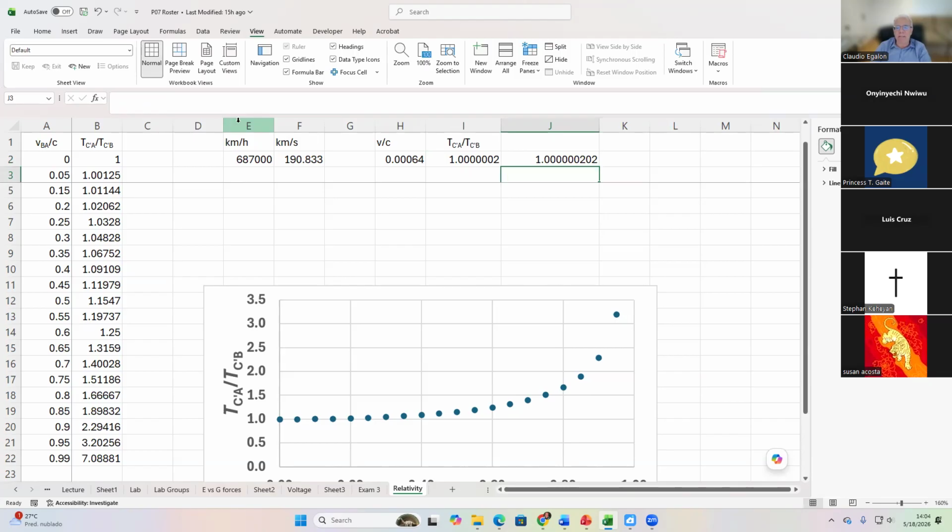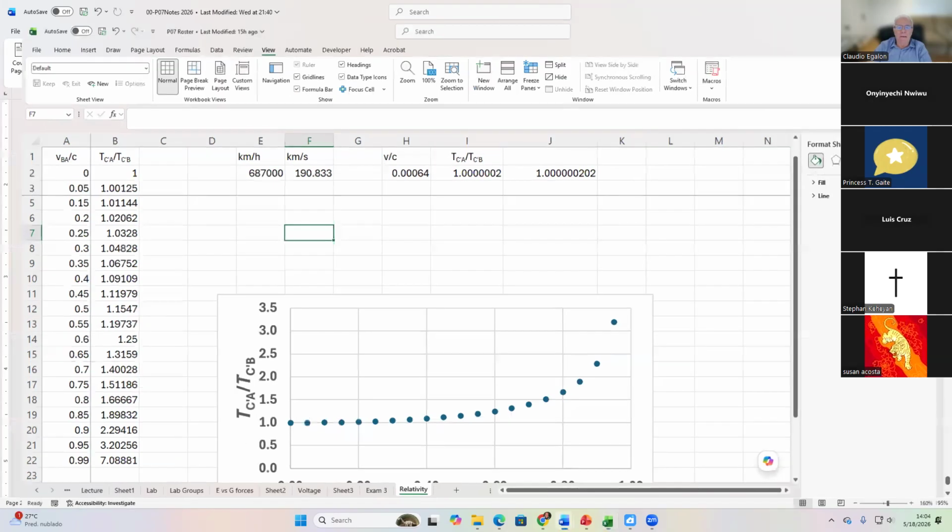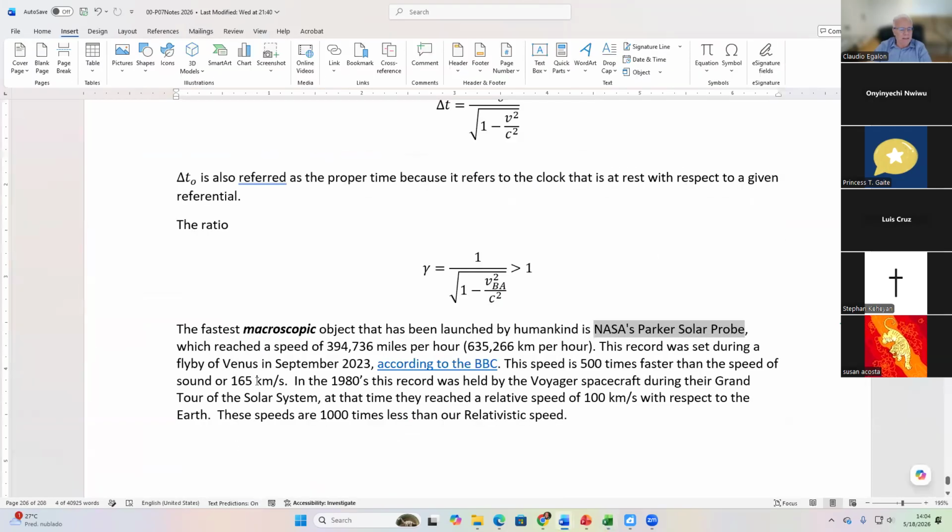So even for the fastest macroscopic object that mankind has launched, the time dilation effect is very small, very difficult to be measured.